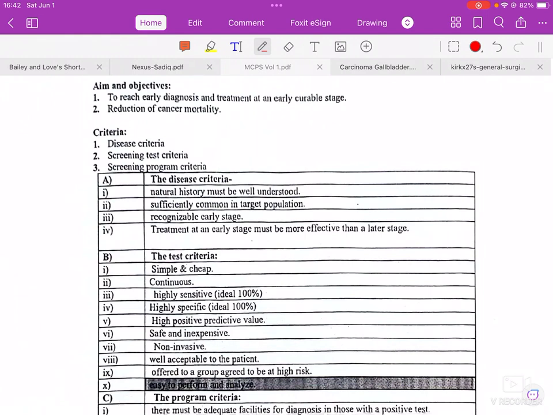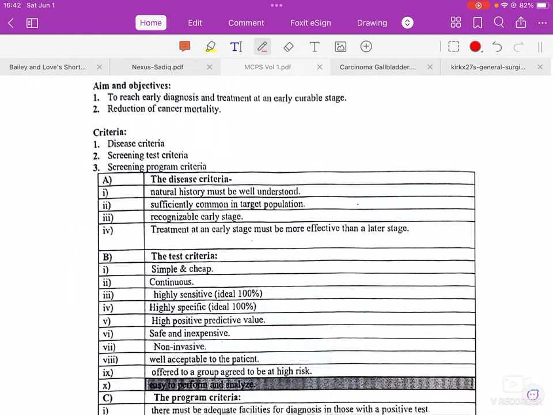If we consider the disease criteria, the natural history must be understood. What is the natural history? How it occurs must be understood. The second is that it is sufficiently common in the target population. Third is a recognizable early stage.